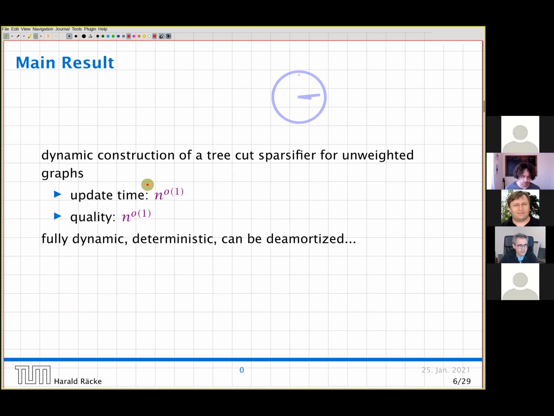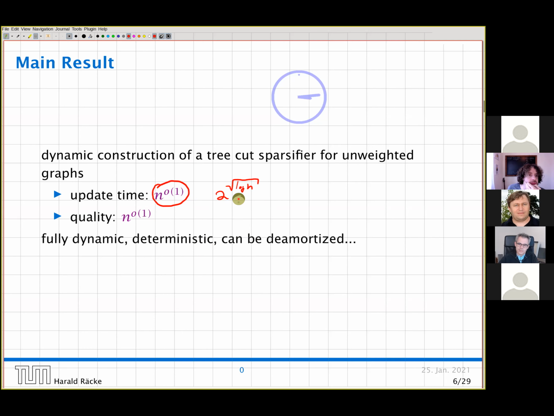If we have edge insertions and deletions, we want to maintain such a cut sparsifier. We do not want to compute it from scratch. And what we show is we can obtain this with an update time of n to the little o of 1. So what is n to the little o of 1? The whole result will be a little worse, but we have something like 2 to the square root of log n. Roughly it looks like this.